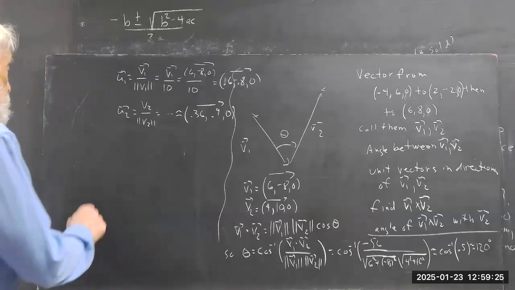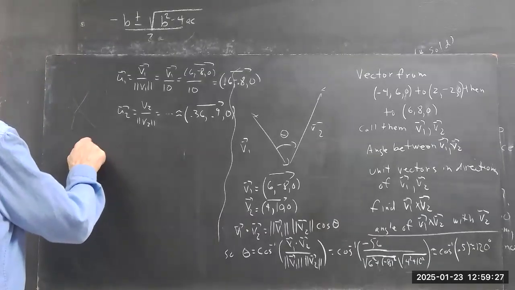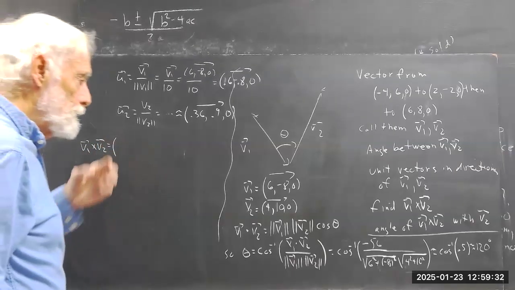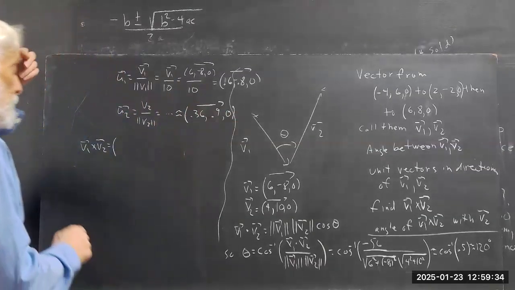Now, we want to find V1 cross V2. I'll use the IJK notation just like I did before.